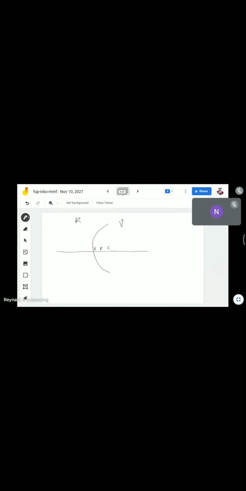So most likely, tingnan pala natin kung saan mabubuo ang image. So this is where the object is located. Ang object natin ay laging nasa real side. Okay? We are using the same rays. Parehas lang na ray yung ginagamit natin dito.